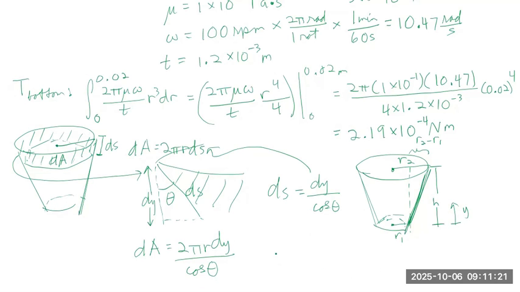That line, r(y), will be equal to R2 minus R1 over h. This is the slope, because R2 minus R1 is the x direction and h is the y direction. And then plus R1.